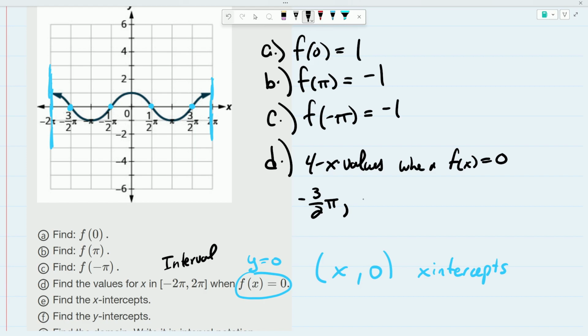Next one is going to be negative 1/2 pi, comma. Then we have 1/2 pi, comma. And then we have 3 over 2 pi. All right? And yes, you would type this in exactly the way this would look like within WebAssign. Because you're going to have questions like this in WebAssign as well. So let me go ahead and erase some stuff here.